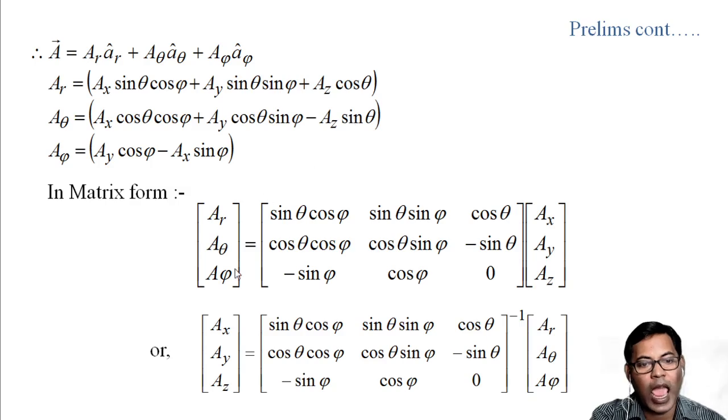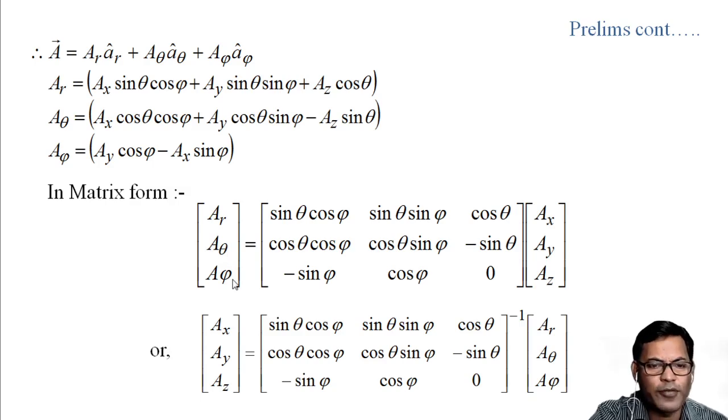Finally, A phi equals minus sin phi AX plus cos phi AY, and the AZ term equals 0. So if the components AX, AY, AZ in the Cartesian coordinate system are given, we can find the components AR, A theta, A phi for the spherical coordinate system.